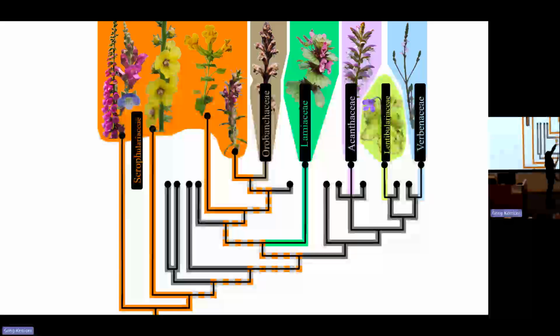So the Orobanchaceae were defined by being parasites, the Lamiaceae, the labiates, have their own defining characters, Lentibulariaceae obviously eating insects. So we've got these well-defined small families, with the Scrophs effectively defined by characters ancestral to this entire clade.